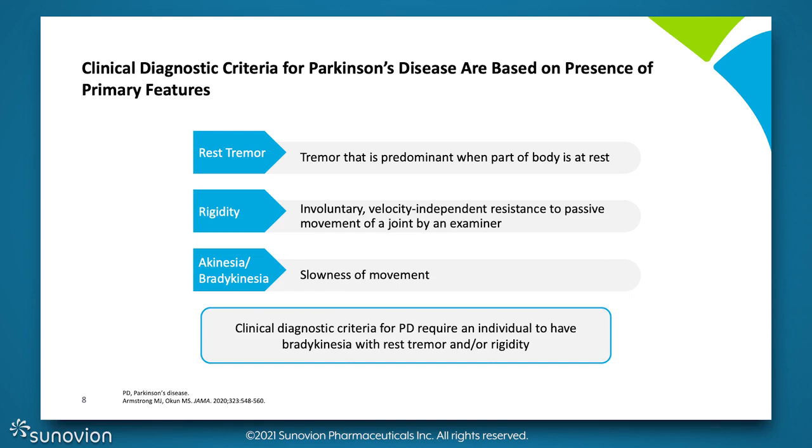The third cardinal feature is akinesia, absence of movement, or bradykinesia, slowness of movement. And the slowness of movement can affect any skeletal muscle. So slowness of movement in the facial muscles, decreased eye blink as a result, decreased facial expression, bradykinesia of the pharynx and mouth, so decreased speech volume and clarity.